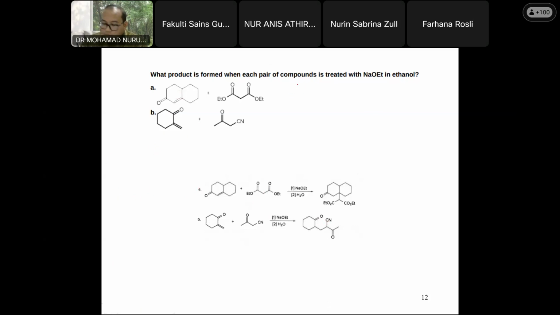So we will have this one. We have an acidic proton in this position. So we have this base, which will extract this proton and transform it into an enolate.